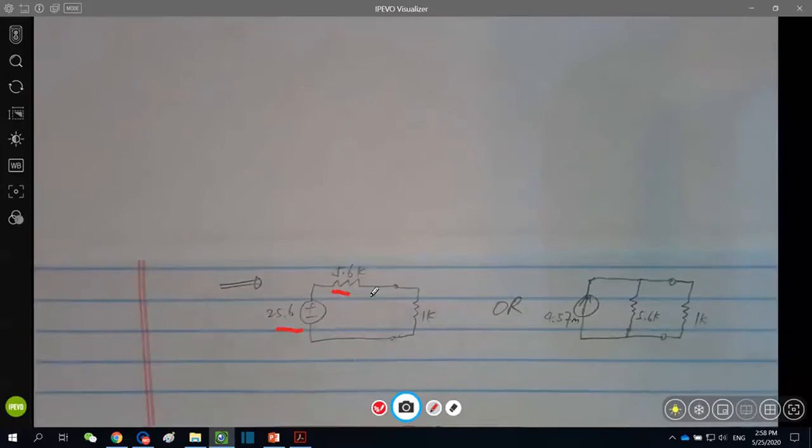Vth series connected with RTH as circuit A, feeding circuit B, which is not touchable, through these 2 terminals. Okay, very clear.